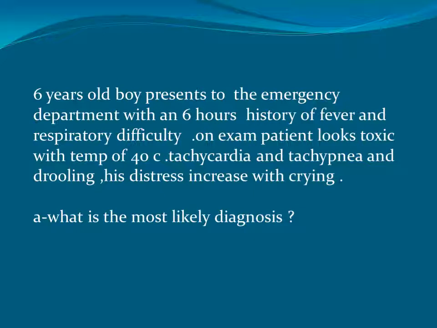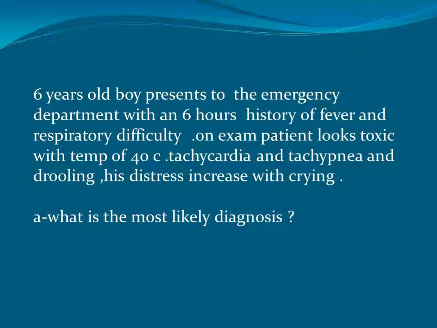Here is a case scenario. A 6-year-old boy presented to the emergency department with a 6-hour history of fever and respiratory difficulty. On examination, the patient looks toxic, with a temperature of 40 degrees centigrade, tachycardia and tachypnea, and withdrawing. His distress increases with crying.